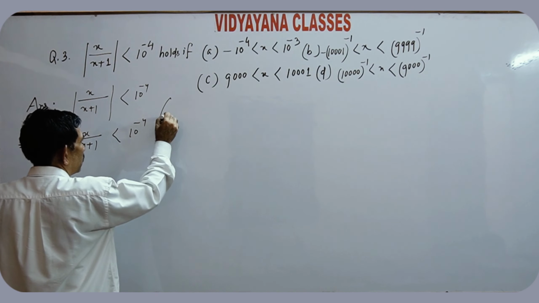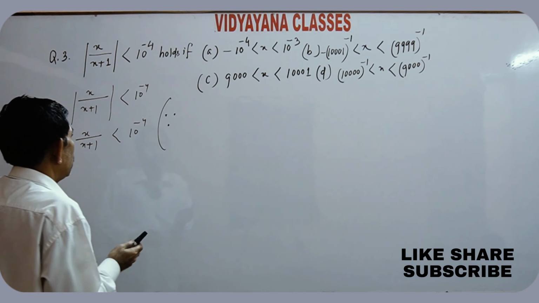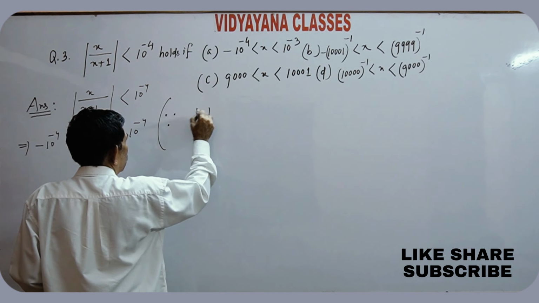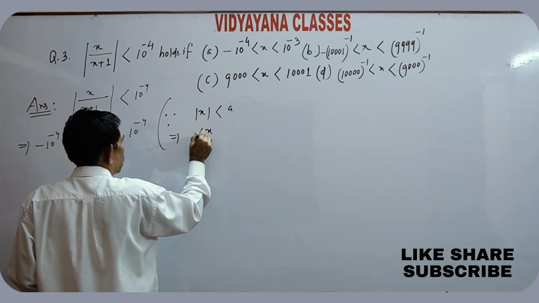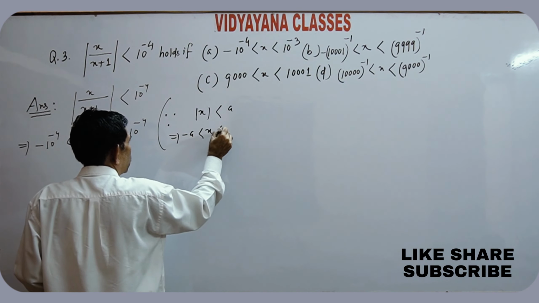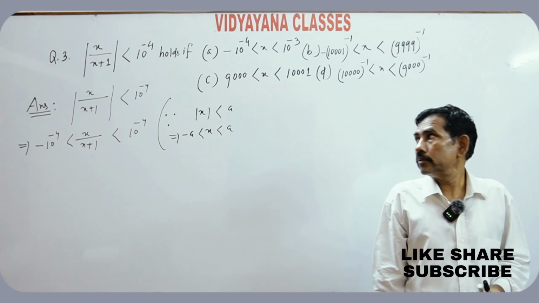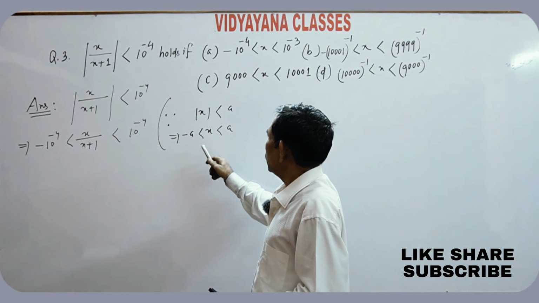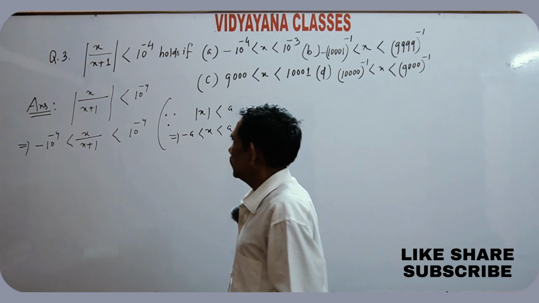Since mod x less than a implies x is greater than minus a and less than a. Clear?